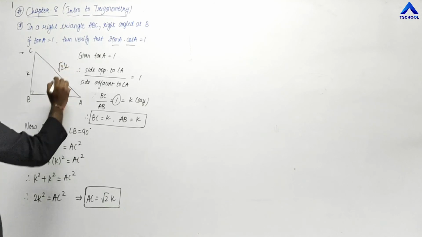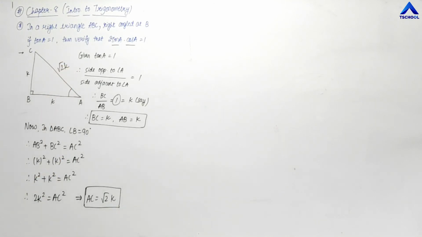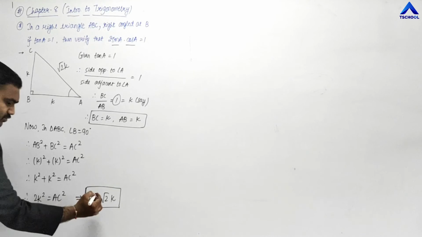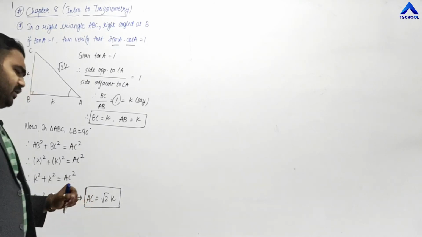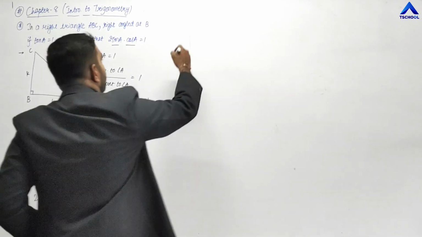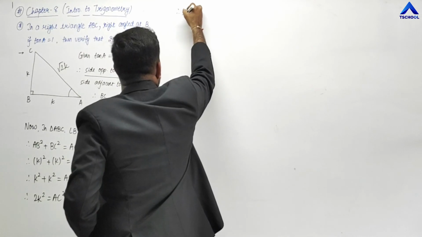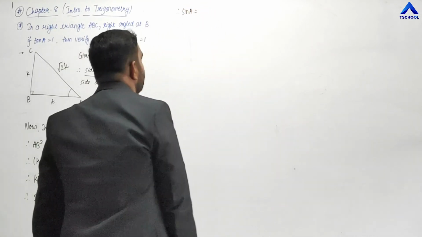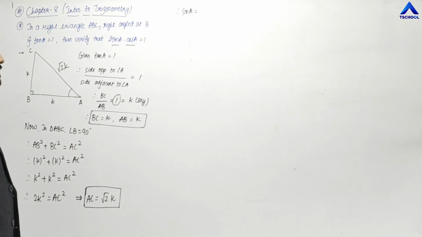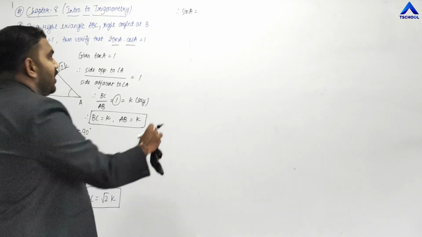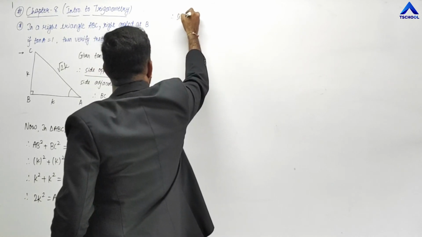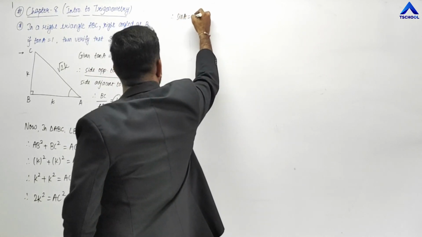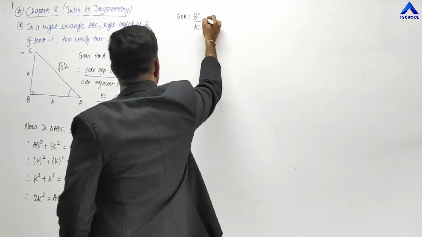Friends, note that this K is not inside the root. This is only root 2, and K is outside the square root. So we got AC, the hypotenuse. Therefore, what is the ratio for sin A? Sin A is side opposite to angle A upon hypotenuse, so sin A is equal to BC upon AC.